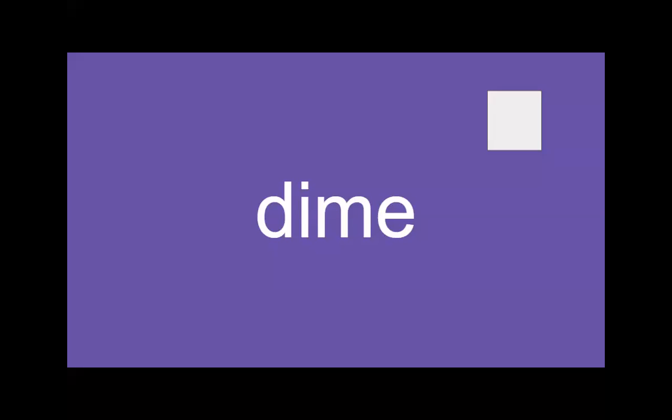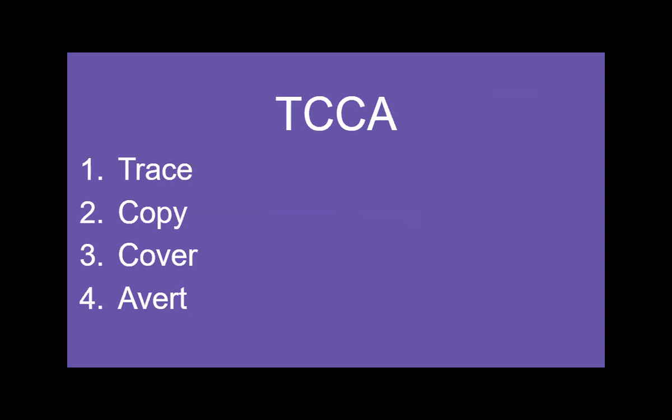I consonant E says I. Dime. Good. And what if the E wasn't there? What would this say, Alex? Dim. Okay, very good. So then we would have the practice of trace, copy, cover, avert that the student had done. We're introducing this rule. The student is seeing it.